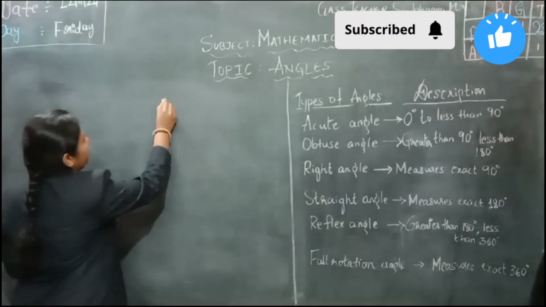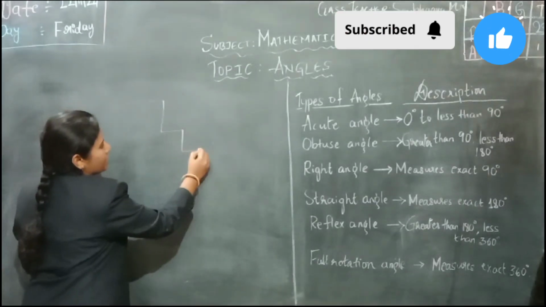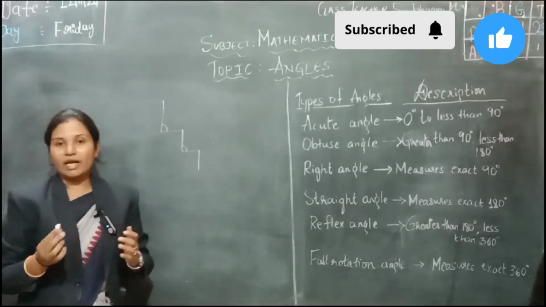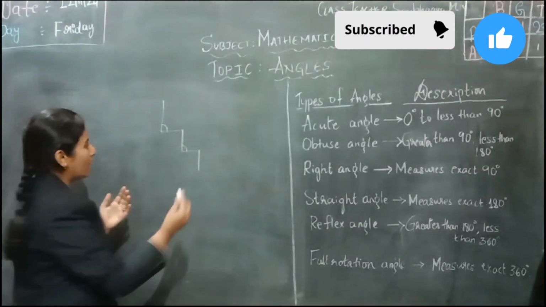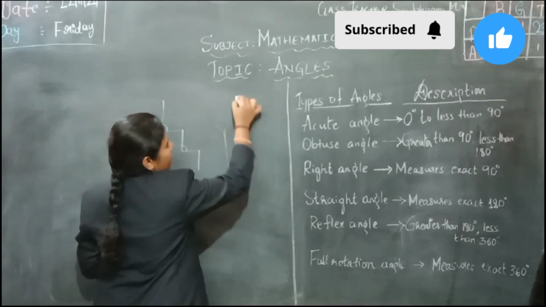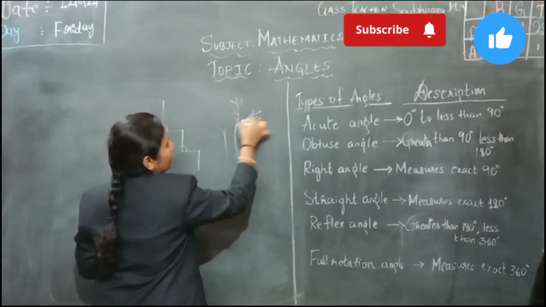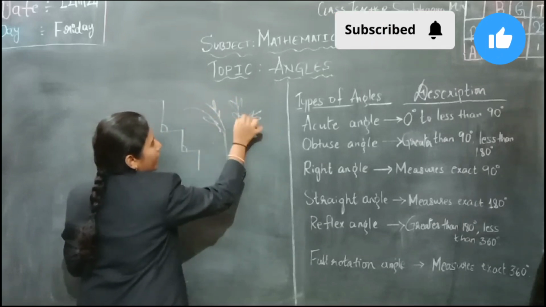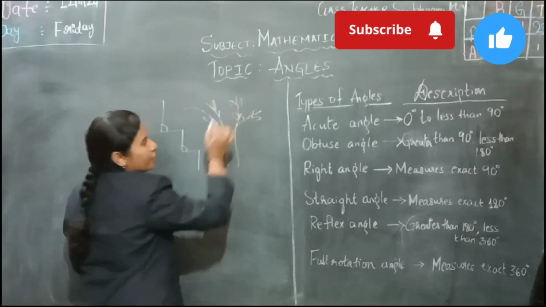It looks like this, right? Steps or the stairs. See, an angle is formed here. And if you observe the branches of the tree, for example, this is a tree. These are the branches of the tree. Here, one angle is formed.